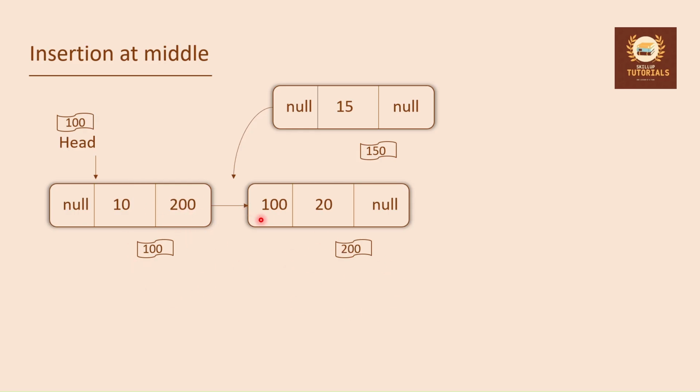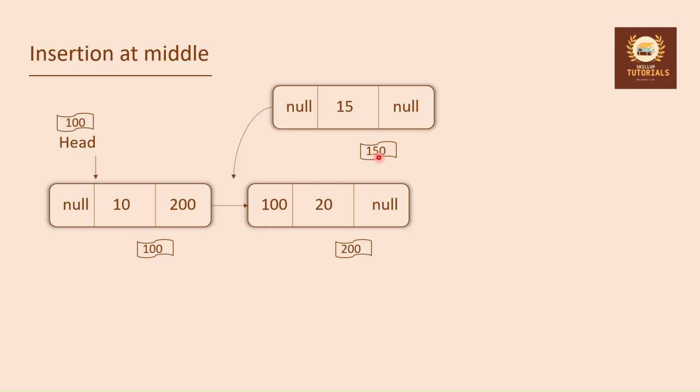Dot previous means this value will come. Which value should be there? It is 150. So temp dot next dot previous equal to new node. Like this we can do. If it is null, we no need to do this, and we need to update this value also. How can we do that? Temp dot next equal to new node. This is simple. This is the correct way, in which we have to follow the order.